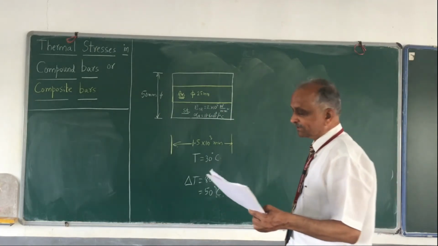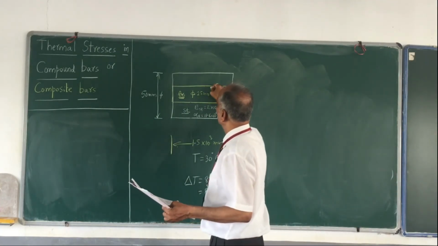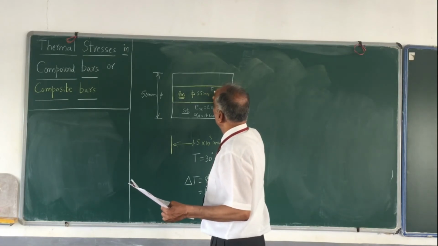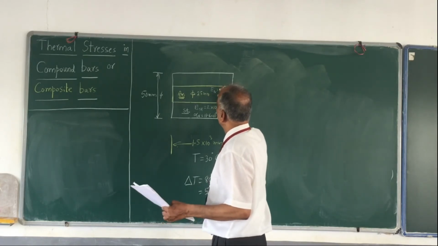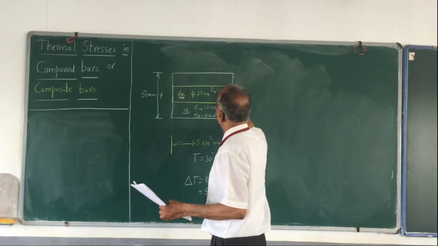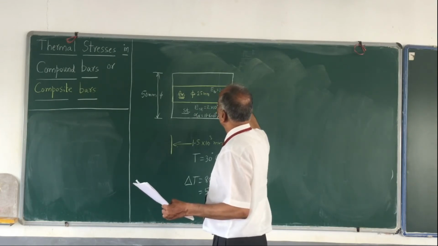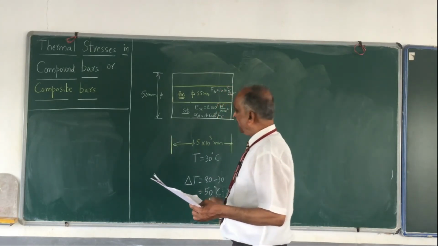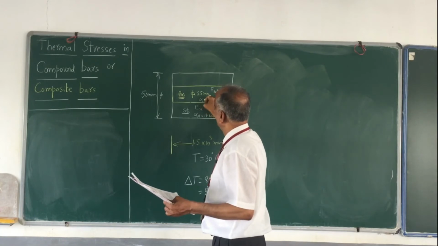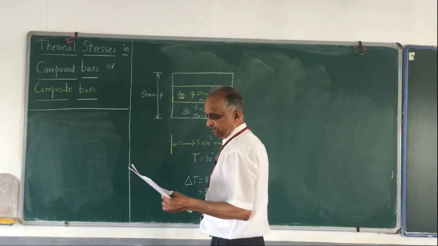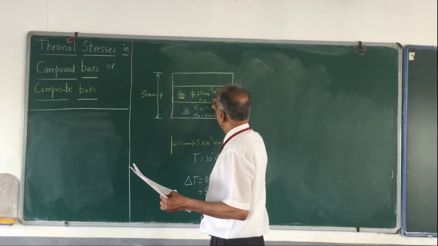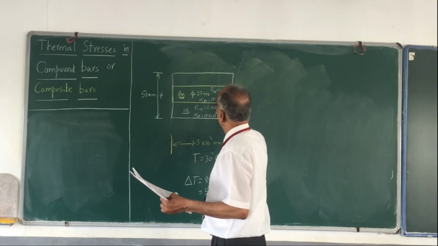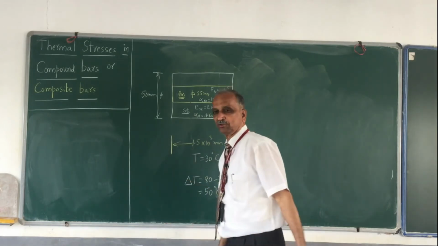E of brass is equal to 1 into 10 raised to 5 Newton per millimeter square. And alpha of brass is more than that of steel. It is 18.7 into 10 raised to minus 6 per degree Celsius.